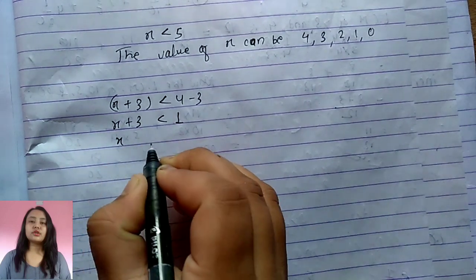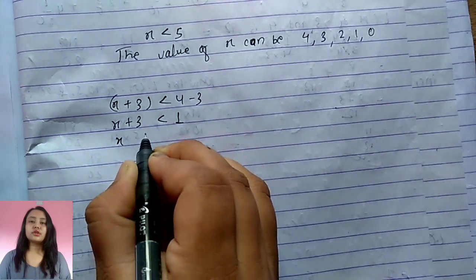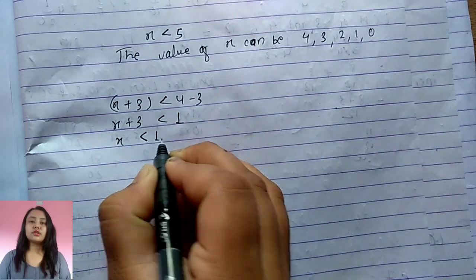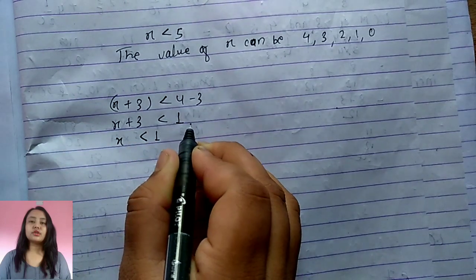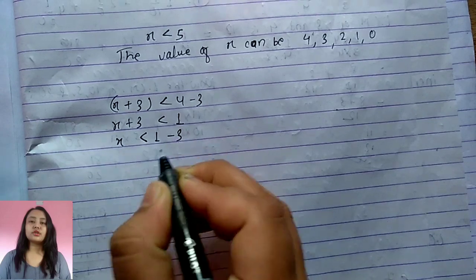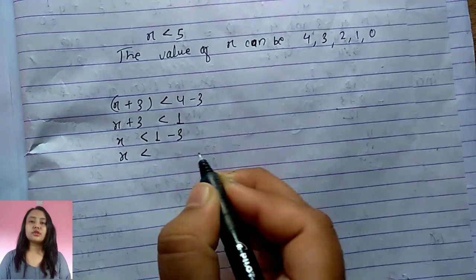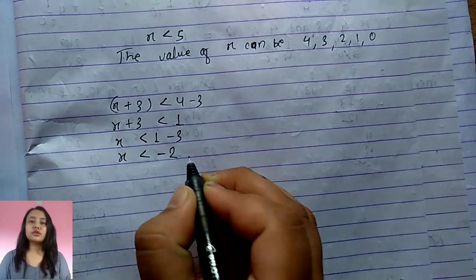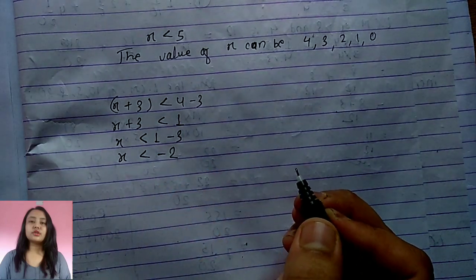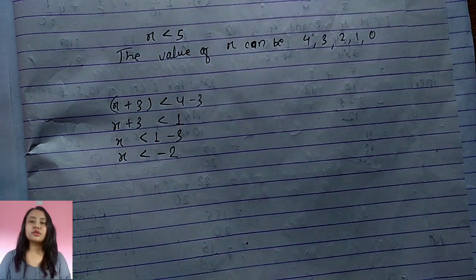Now x will be here only, and this sign will also be here only, 1 will be here, and this plus 3, while shifting to the other side, will be minus 3. So x is, this was the inequality sign, and it is minus 2. So what will be the value of x? The value of x will be minus 2. Okay, like that you have to write that.